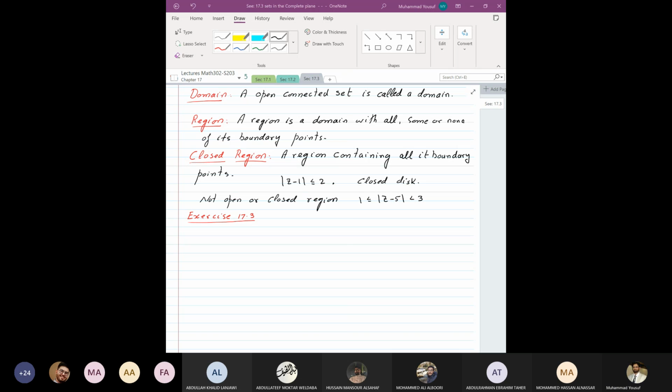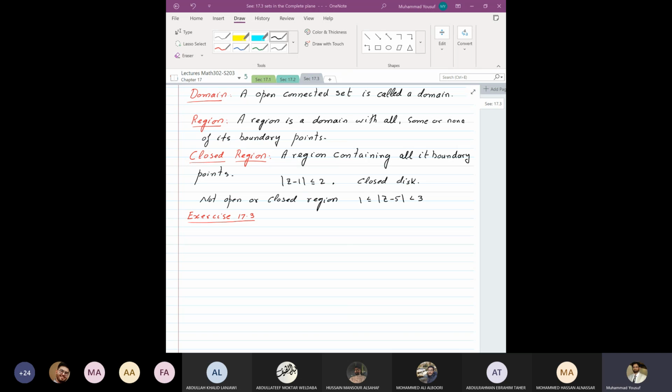Okay. What are the sets here? So here they are saying sketch the graph of the given equation. But now they are saying sketch the set of points in the complex plane satisfying the given inequality. Determine whether the set is a domain or not.